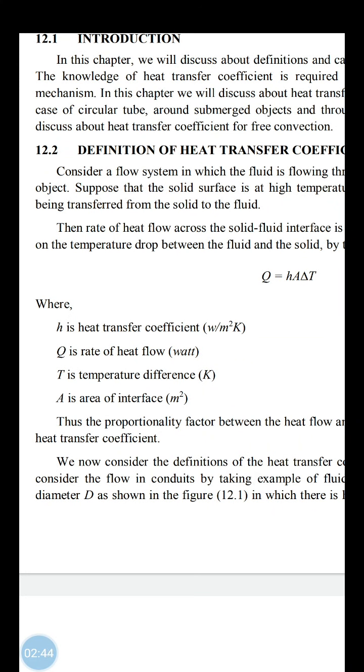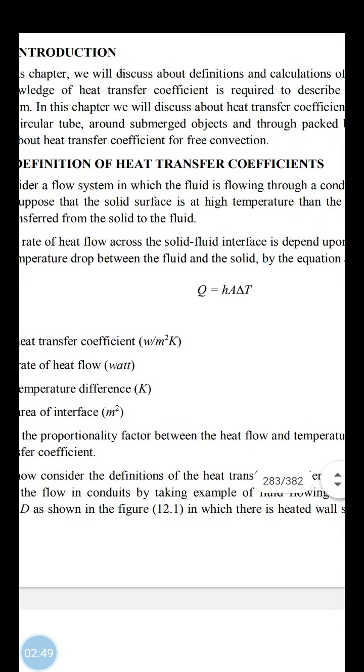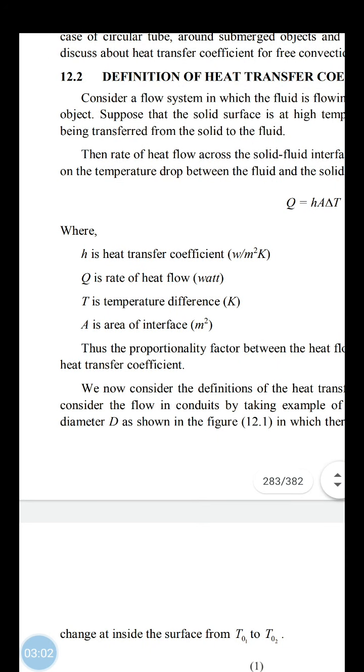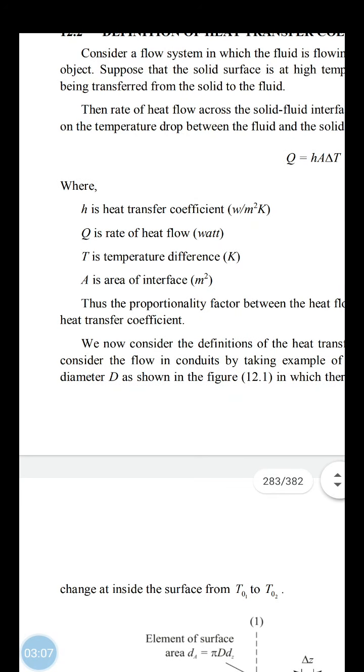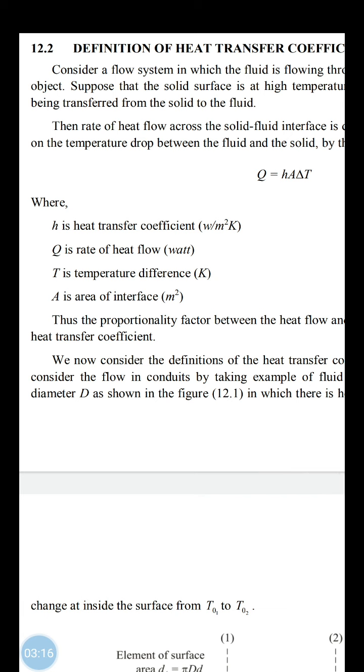So this rate of heat flow across the solid fluid interface is given by Q is equal to HA into delta T, where H is called the heat transfer coefficient, unit is watt per meter square Kelvin, Q is the rate of heat flow in watts, delta T is the temperature difference in K, and A is the area of interface in meter square. So this is how the heat transfer coefficient is defined with the help of the equation.